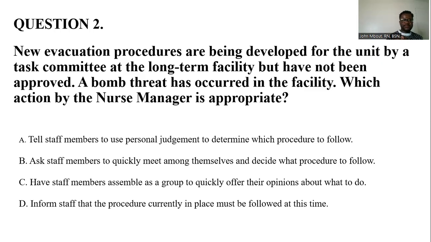A, tell staff members to use personal judgment to determine which procedure to follow. B, ask staff members to quickly meet among themselves and decide what procedure to follow. C, have staff members assemble as a group to quickly offer their opinions about what to do. D, inform staff members that the procedure currently in place must be followed at this time. Which is the right answer?